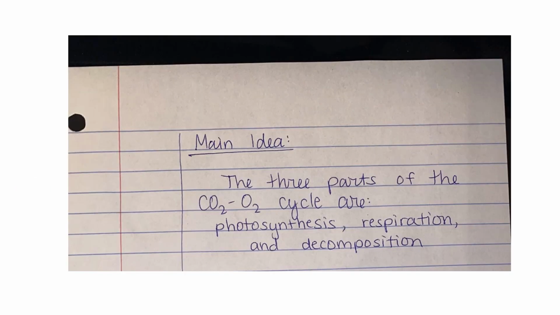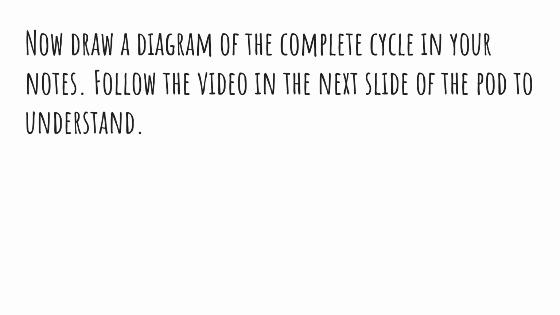So, here's the main idea. I had to go on to the next page because I ran out of room, but the 3 parts of the CO2-O2 cycle are photosynthesis, respiration, and decomposition. So your last job is to draw a diagram, basically putting all 3 of those parts together. If you think about it, it's like taking the 3 things we just drew and putting them all together like puzzle pieces to make the full cycle picture.